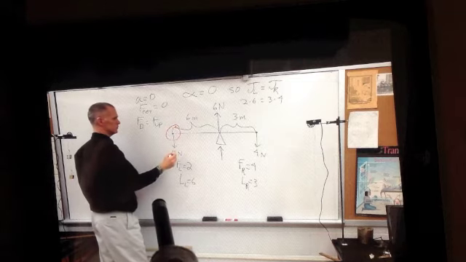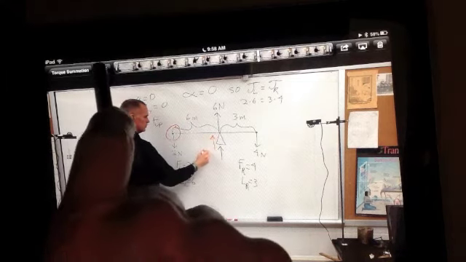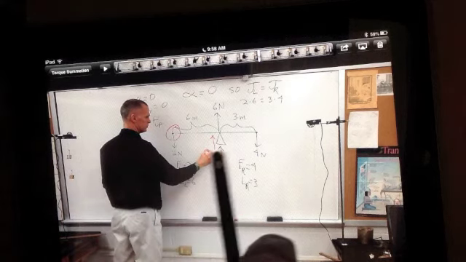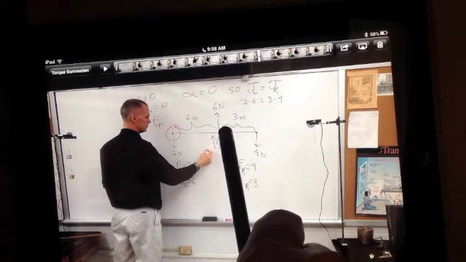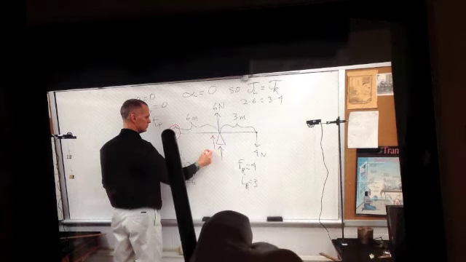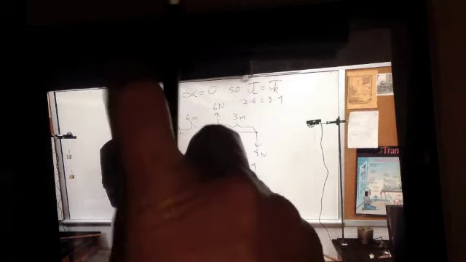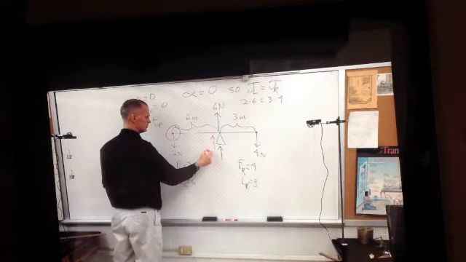Now it turns out my torques have to be balanced everywhere. We originally worked the problem where I was saying my torque was balanced around the fulcrum. But if my torques were not balanced here, then this whole stick would be spinning this way or this way. It would be accelerating.